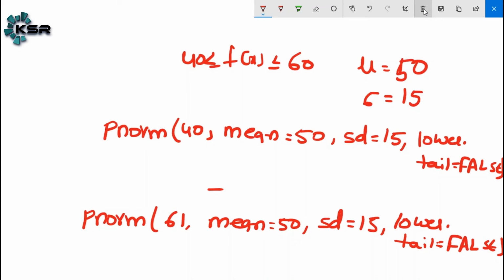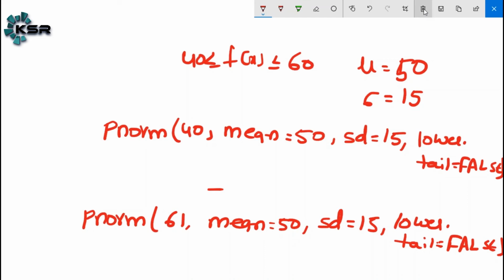So it will include 51, 52, up to 60, as well as 61 and so on to infinity. But we don't require anything after 61. We require only the points between 40 and 60. That is the reason we should not consider the values above 61.